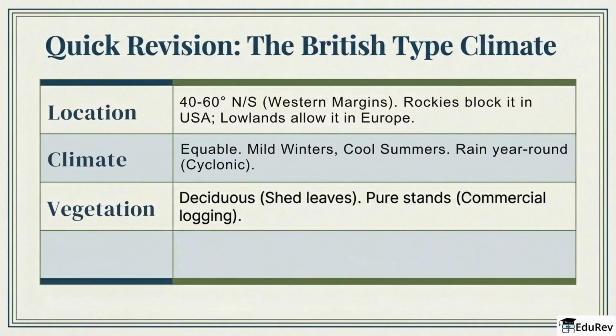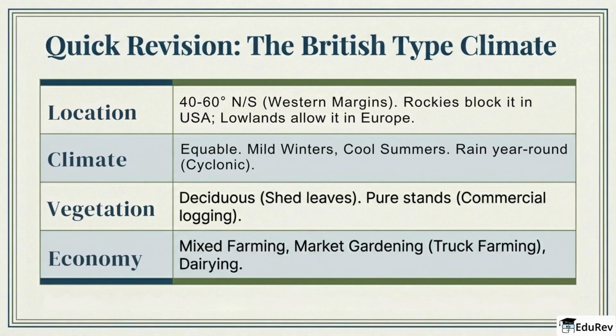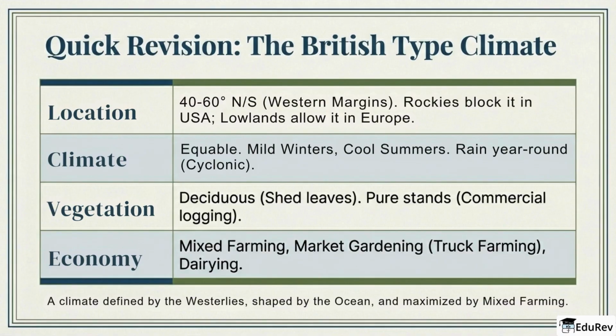Vegetation: deciduous forests that shed leaves in winter, often in pure stands, which helps commercial logging. Economy: mixed farming, market gardening, truck farming, and dairying. So the final definition is this: a climate driven by the westerlies, shaped by the ocean, and economically maximized through intensive, efficient farming. Once that chain is clear, you are exam ready.